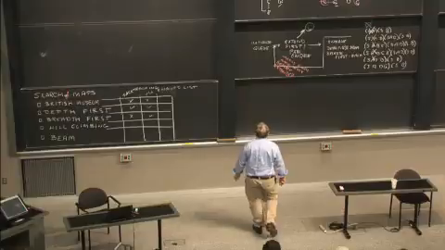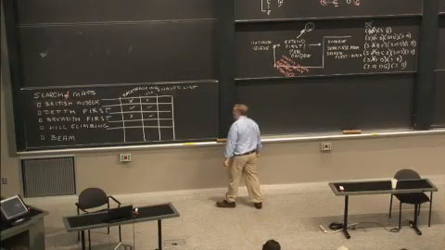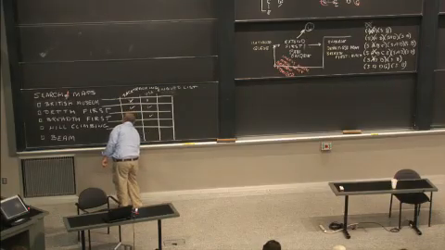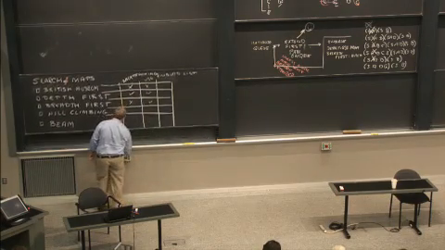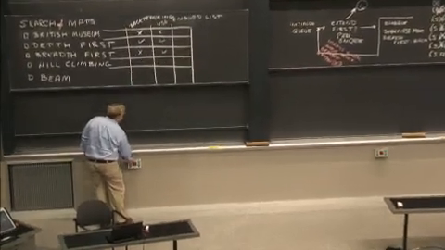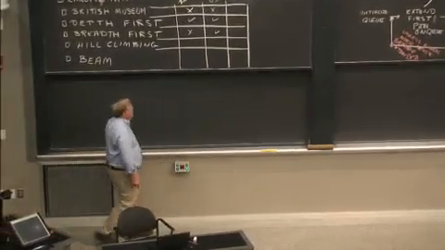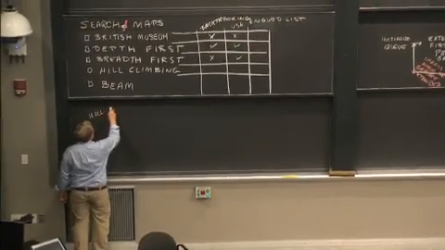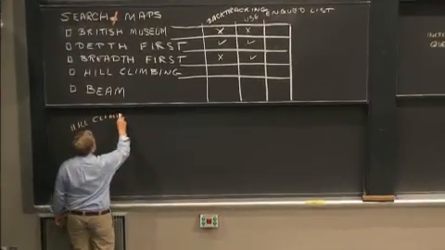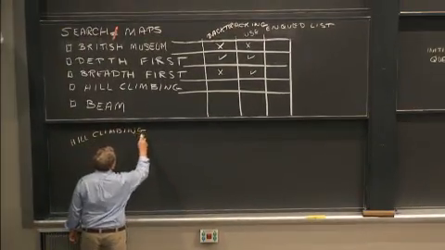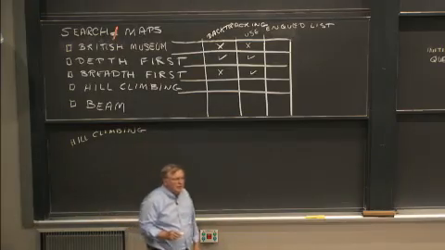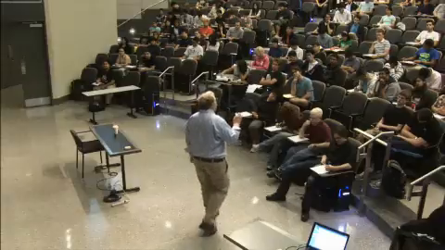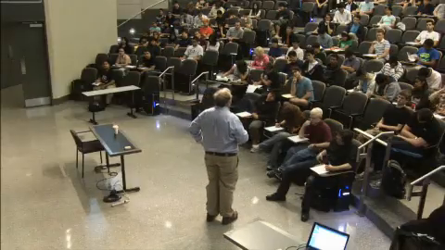And as soon as we add that, we have another kind of search which goes by the name of hill climbing. It's just like depth first search, except that instead of using lexical order to break ties, we're going to break ties according to which node is closer to the goal.